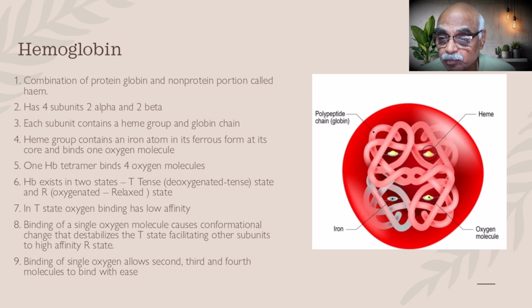If one single oxygen molecule binds to the hemoglobin molecule, it opens up the other three sites, whereby the other three oxygen molecules can effortlessly bind. So the binding of one oxygen to hemoglobin shifts the other subunits into a high affinity R state or relaxed state. It is important for you to understand the concept of this binding.